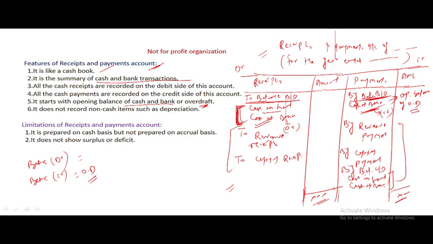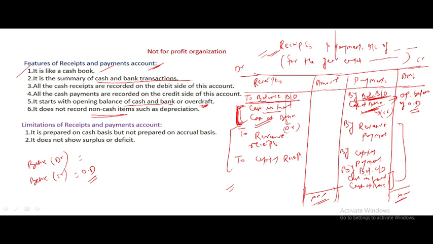It does not record any non-cash transactions or non-cash items such as depreciation, loss on sale of fixed assets, loss on sale of investment, outstanding expense, prepaid expense. Any adjustment items are not recorded in receipts and payment account.